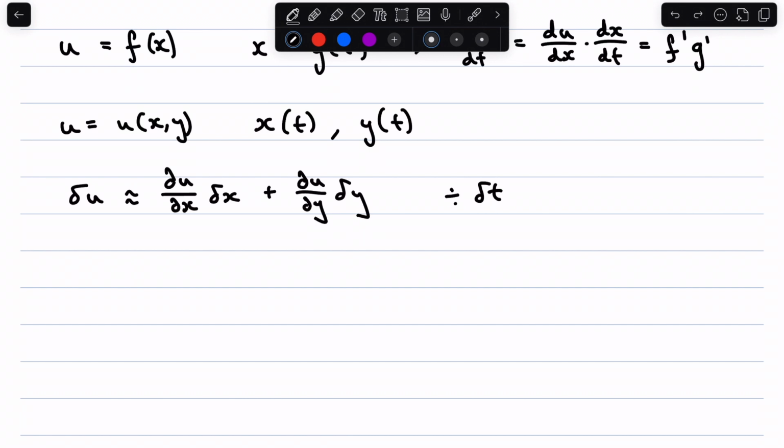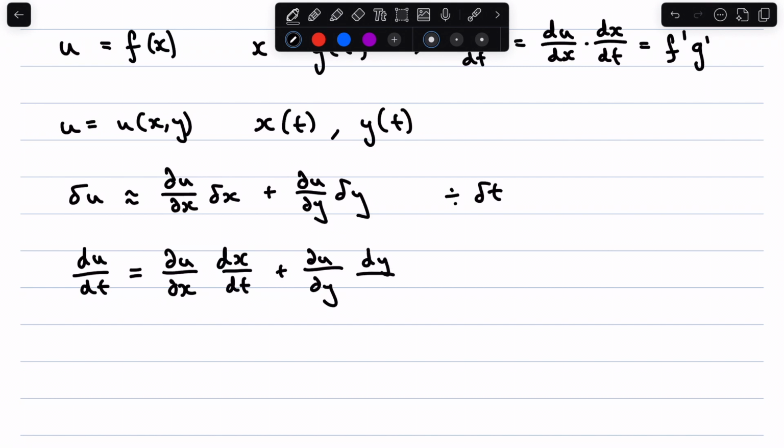And then obviously as we take that small limit, this will become a total differential, so it will become du by dt equals partial du by dx times total dx by dt plus partial du by dy times total dy by dt. And that would be the chain rule for our partial differentials.